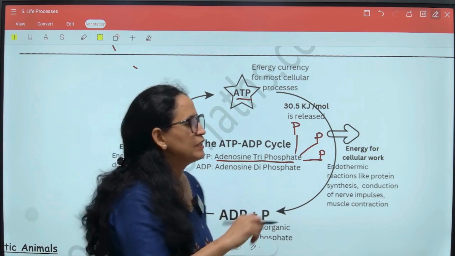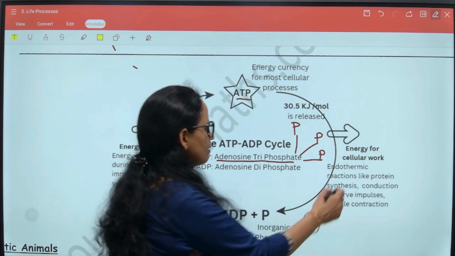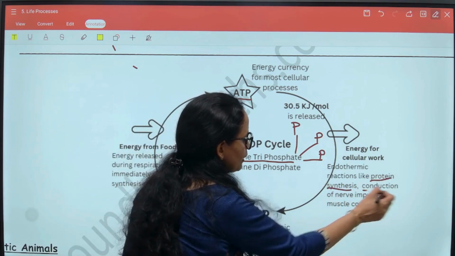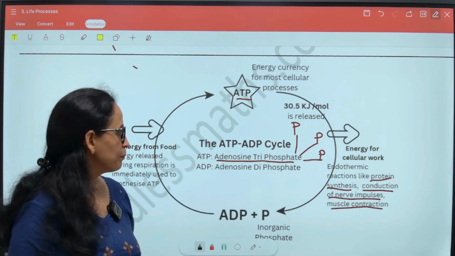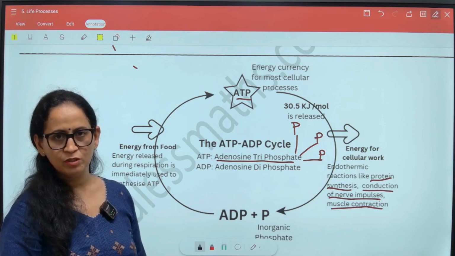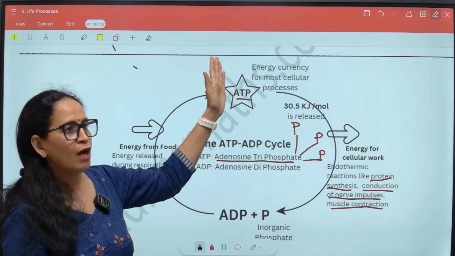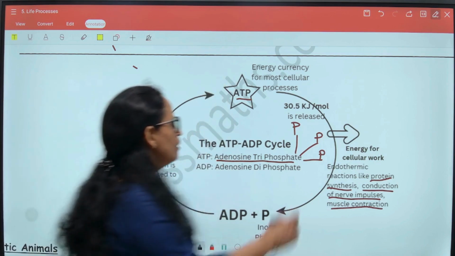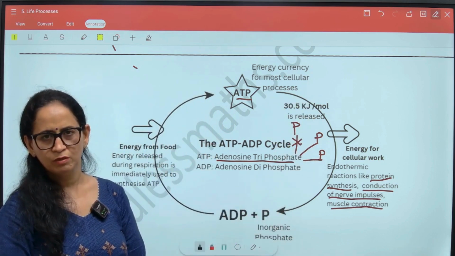Now whenever energy is needed by a cell for any kind of active process, maybe something like protein synthesis or conduction of nerve impulses or for muscle contraction, the cells need energy. So from where do they get this energy? Energy is stored in the form of ATP, the energy currency of the cell. Now from this ATP, one of the phosphate ions is broken out.